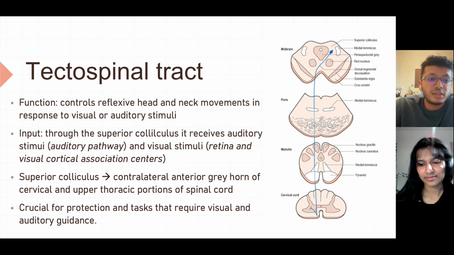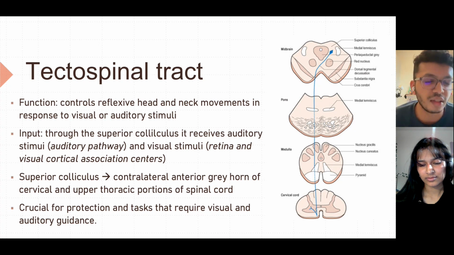So the function of this tract, it controls reflexive head and neck movements in response to either visual or auditory stimuli. So we have the superior colliculus, through which it receives auditory and visual stimuli.